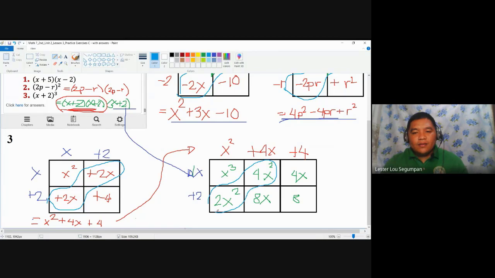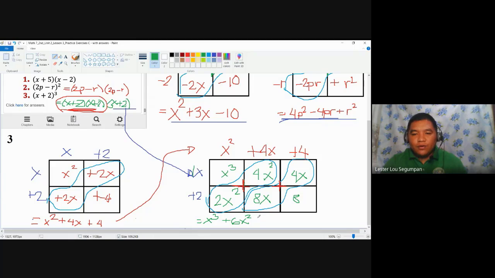This can be combined. You have x squared, we can combine the two. X and x, we can also combine the two. The remaining items that have no partner may be rewritten or written immediately. X cubed, and then 2, again, because the grid looks like plus, we will apply here plus. 2 plus 4 is you have 6x squared.